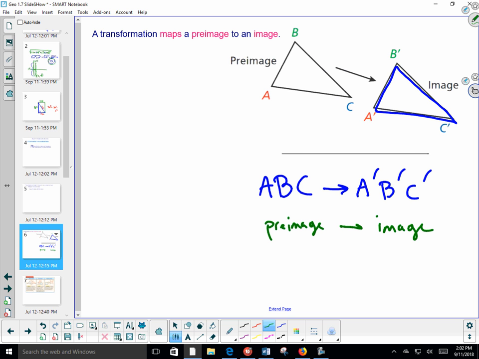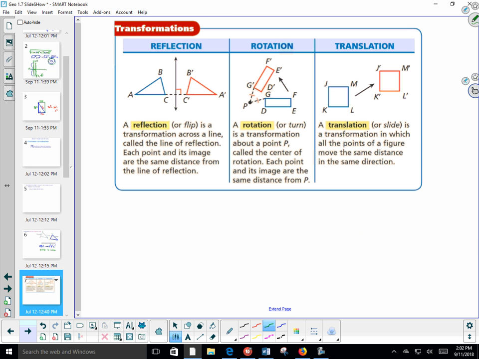And I put a little arrow saying the pre-image is mapping to the image. So whenever you see those lines, that means it's the new image? The new one is going to have the little prime saying A now becomes A prime, B becomes B prime, and so on. What does prime mean? Prime just means that's the notation that mathematicians use for that.